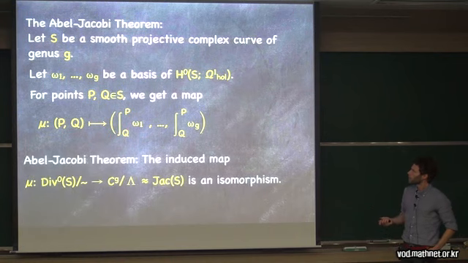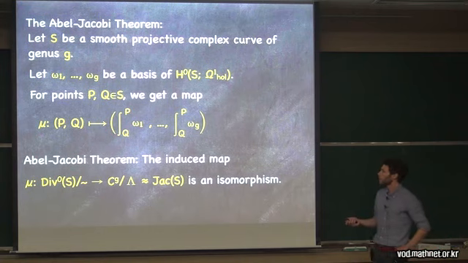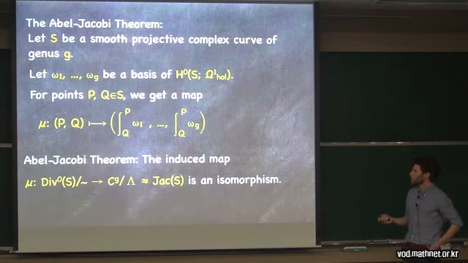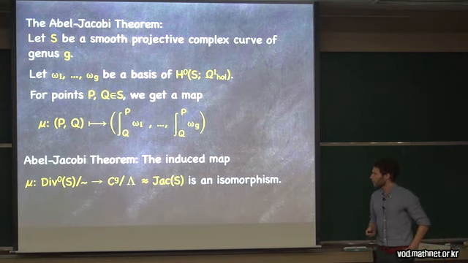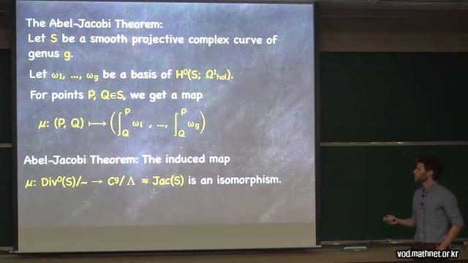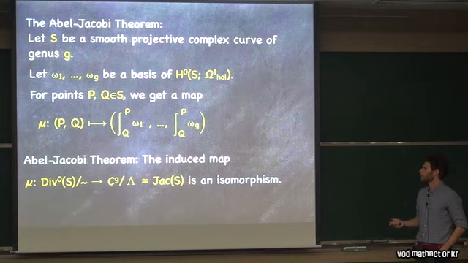And now we can describe this map as a map from the divisors of degree 0 modulo some equivalence relation to another quotient of the g-fold product of the complex numbers modulo some lattice, which is again given by the periods in a similar way associated to our curve S. And then this quotient is called the Jacobian of the curve.